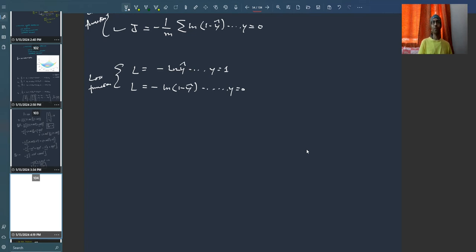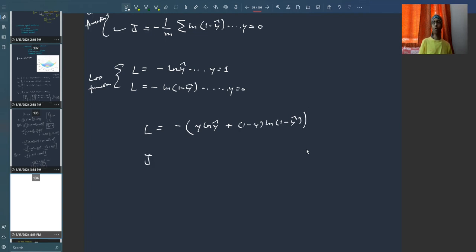So what they did was very unique. Let's say the loss function is equal to minus, you take minus common, y into natural log of y hat plus 1 minus y into natural log of 1 minus y hat. This is what they did.